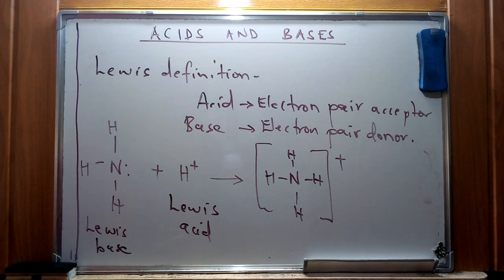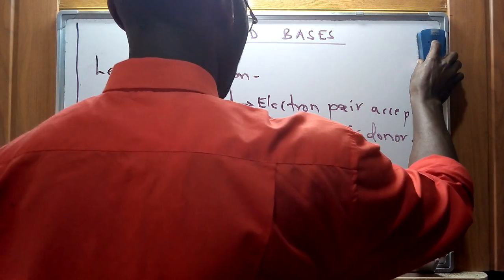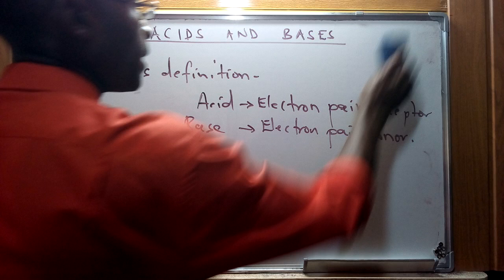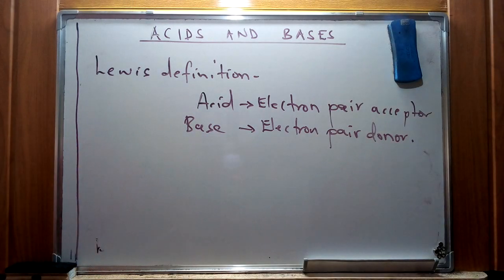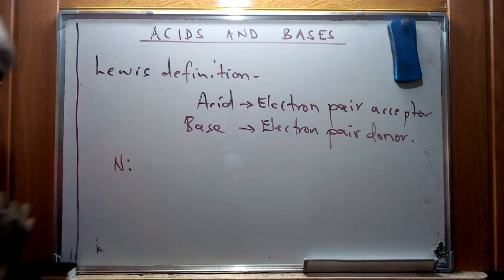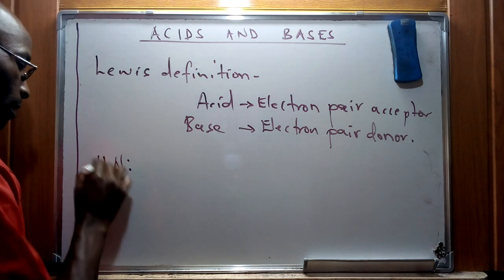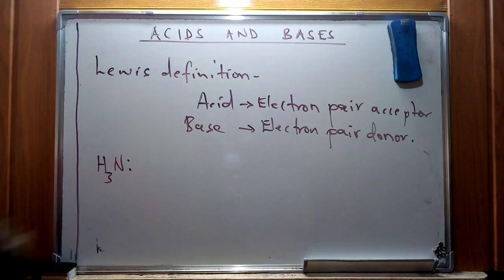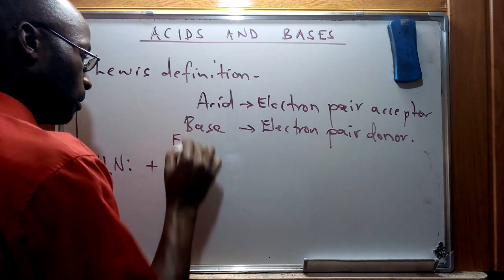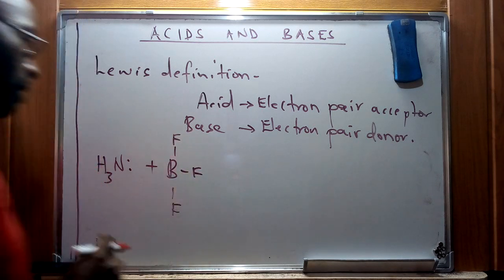Now, let's consider the case of another substance. Just going to use a compressed structure for this ammonia because of space. So let's consider a substance like that one that is reacting with boron trifluoro, like that.